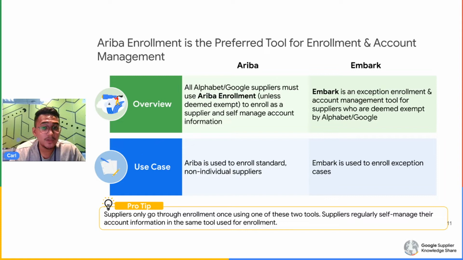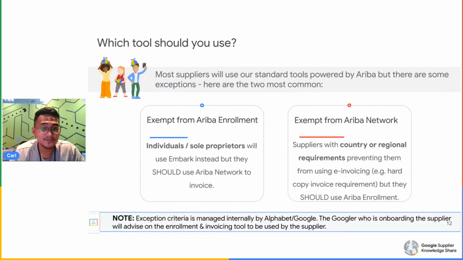Third, those suppliers that experience an error in Ariba which cannot be resolved within 5 to 7 business days. And also we use Embark for those suppliers that refuse enrolling through Ariba with valid reason and justification. In that case, your Google point of contact needs to raise a ticket to the P2P help at google.com for the details. Next slide, please.